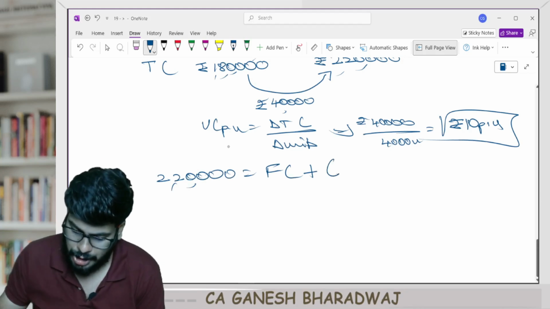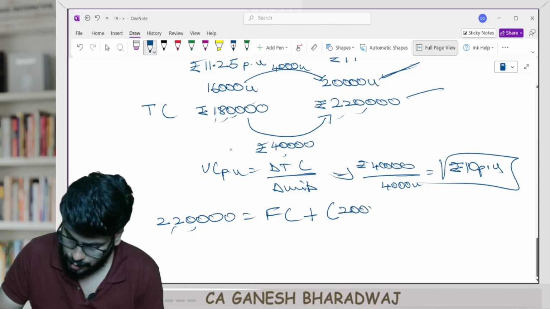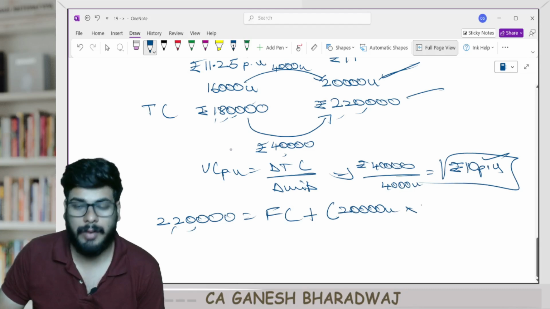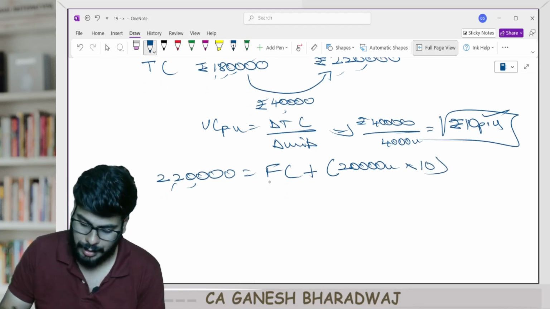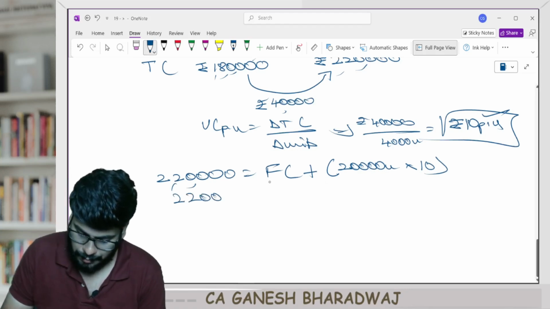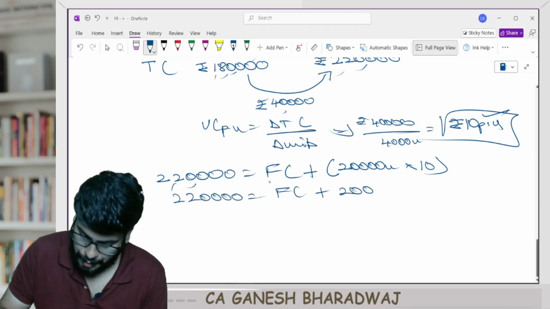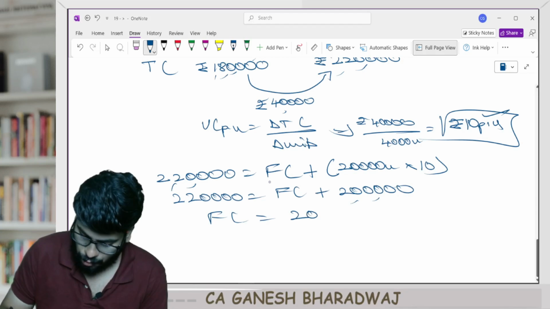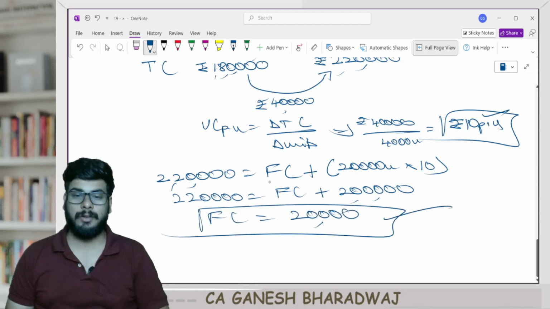Variable cost for 20,000 units is 20,000 into 10 rupees, which gives you 2 lakh rupees. So 2,20,000 is equal to fixed cost plus 2 lakh rupees, or in other words, your fixed cost is the balancing figure of 20,000 rupees.